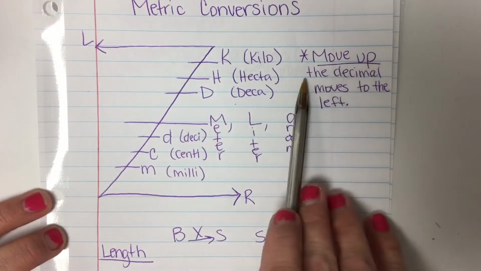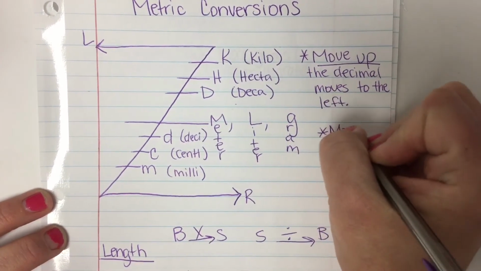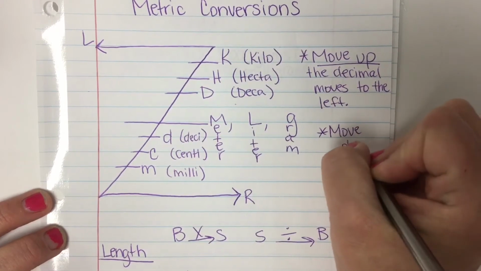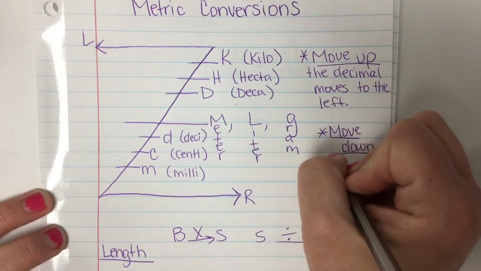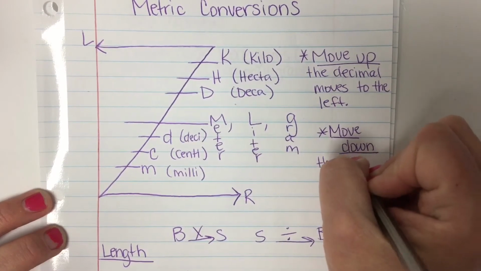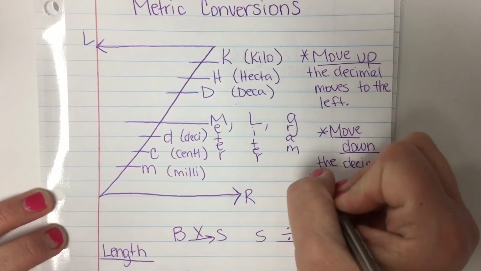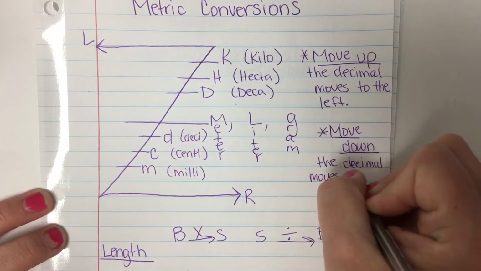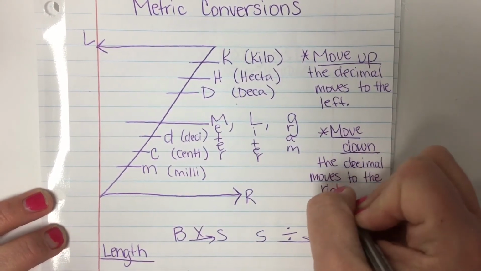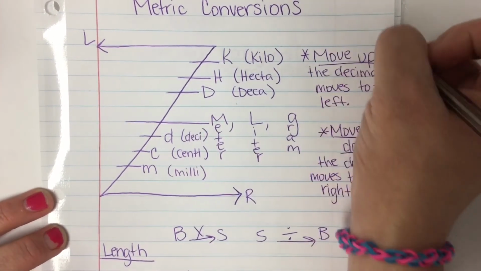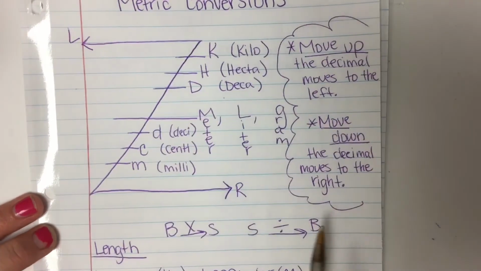Move up, the decimal moves to the left. If you move down, the decimal will move to the right. Okay, so that's the important part right now.